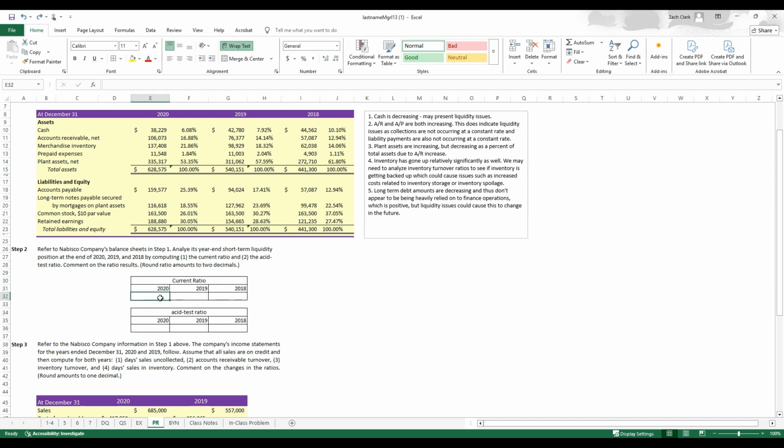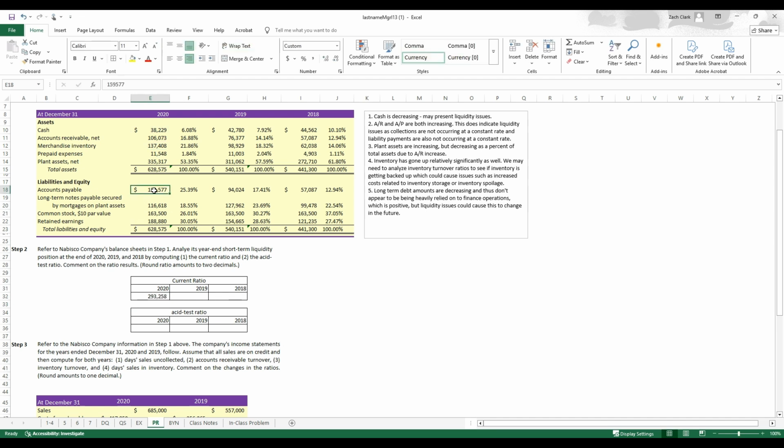Okay, so here we want to do current assets divided by current liabilities. Current assets are everything other than our plant, so current assets of 293 to 258.